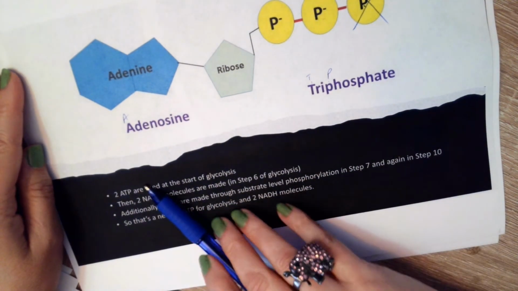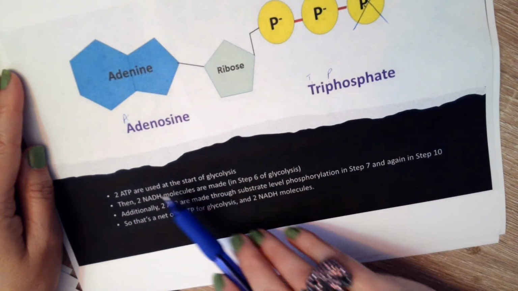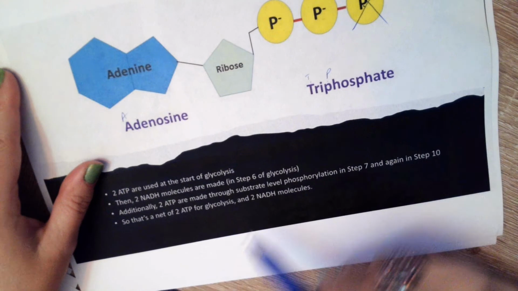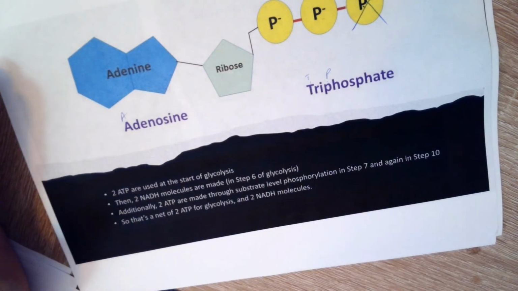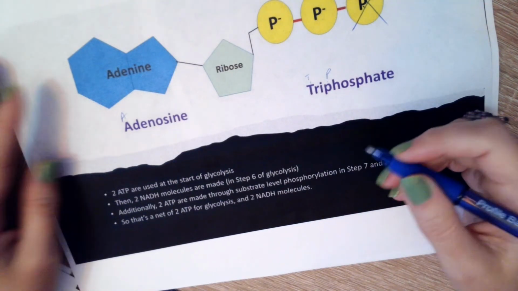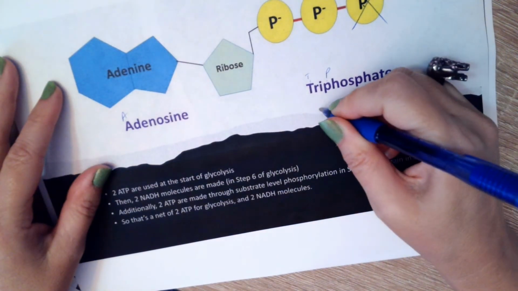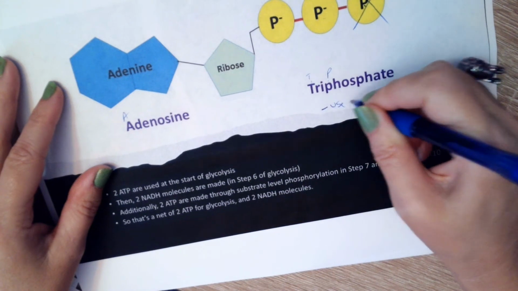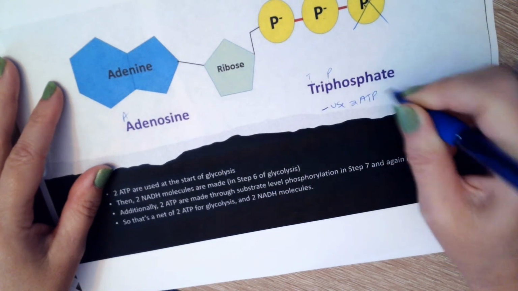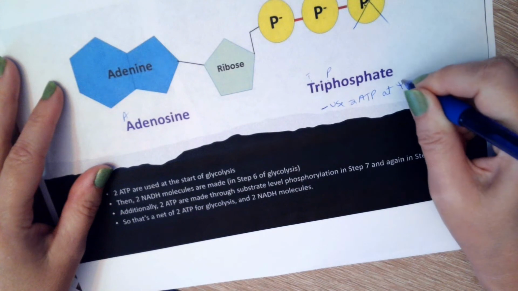So remember, when we start glycolysis, we use 2 ATP. If you think back to our first time that we saw the glycolysis metabolic map, we saw that we have to use 2 ATP at the start of glycolysis.